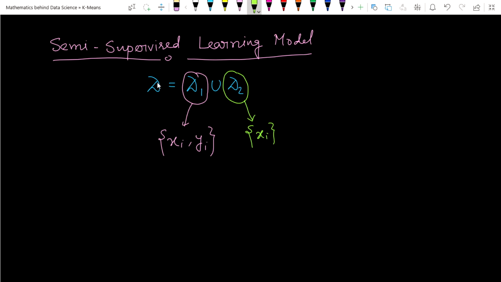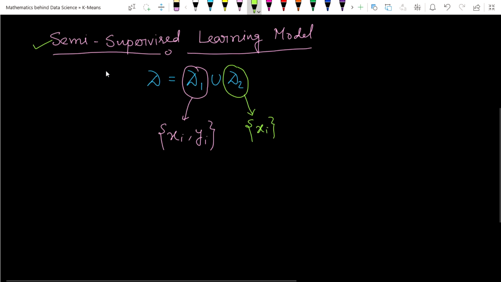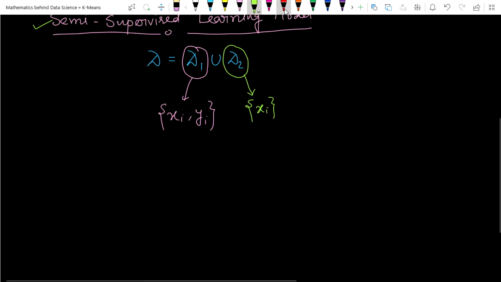In such situations, the model we apply is called a semi-supervised learning model. The data D1 with corresponding output is in small quantity, and the data with no corresponding output is in large quantity.